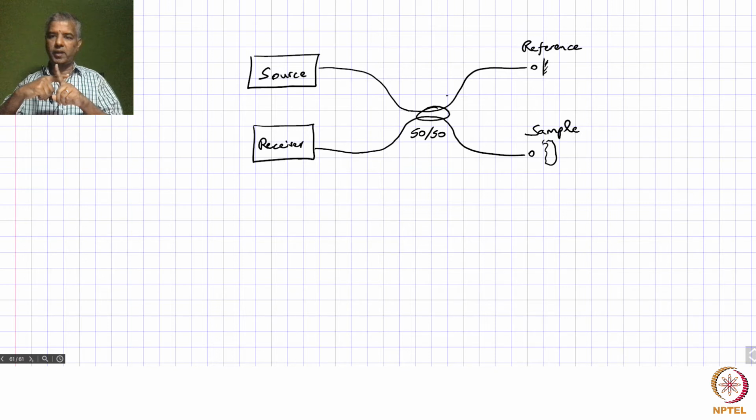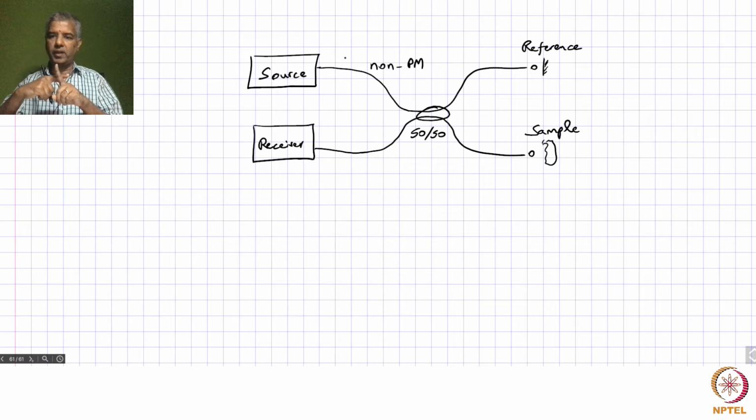Okay. Now, what we are saying is normally when you have this fiber, you consider what is called a standard single mode fiber, which would be a non polarization maintaining fiber. Okay. So, even though your source is polarized, typically semiconductor light sources are TM polarized, by the time they propagate through this fiber and they go around, there is no guarantee that the polarization is going to remain.